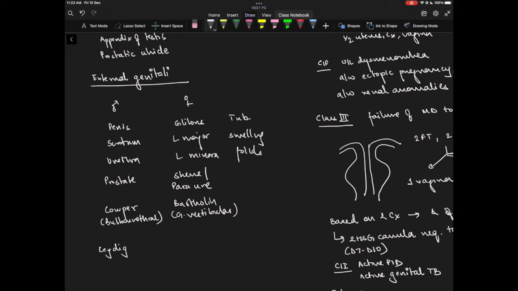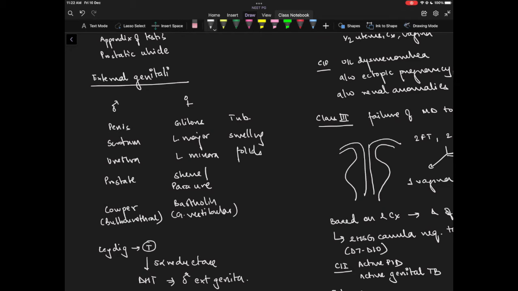The Leydig cells secrete testosterone, which is converted by the 5 alpha reductase enzyme to dihydrotestosterone, which is responsible for the development of male external genitalia.